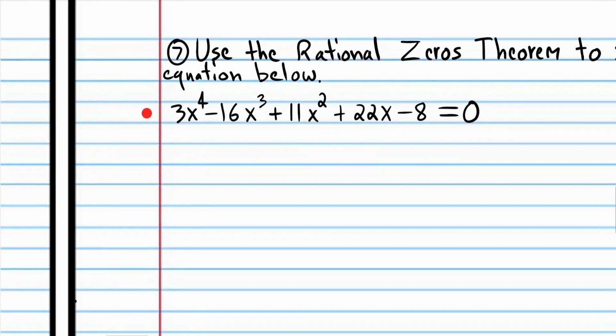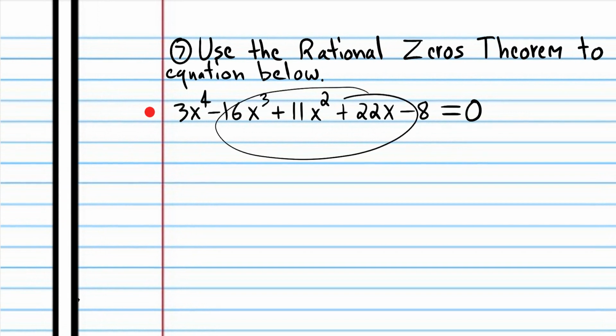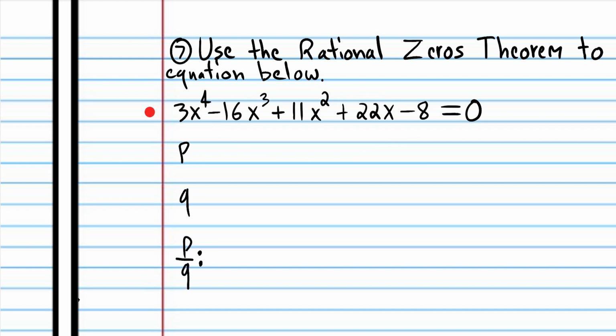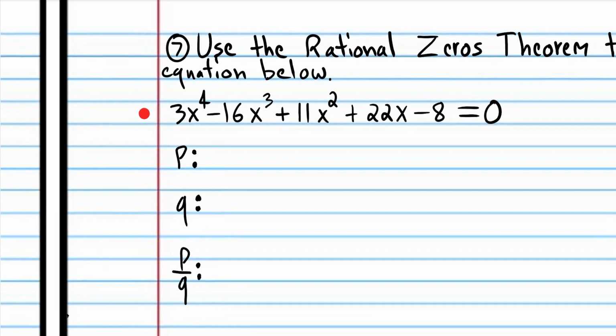So let's use the Rational Zeros Theorem to see if we can find the actual solutions. Again, we know how to find the potential solutions, but we'll actually determine what the solutions are now of this particular polynomial equation. And again, we're going to use the Rational Zeros Theorem to do that.